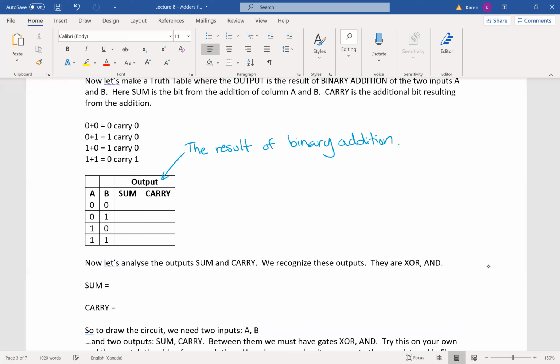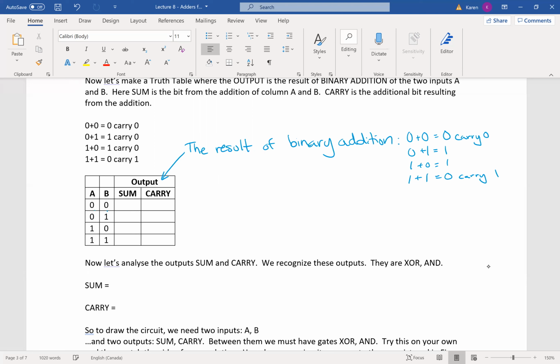Remember that in binary addition, 0 plus 0 is 0, carry 0, and 0 plus 1 is equal to 1, carry 0. 1 plus 0 is equal to 1, carry nothing. And 1 plus 1 does not equal 2, it equals 0, carry 1. So let's do that here.